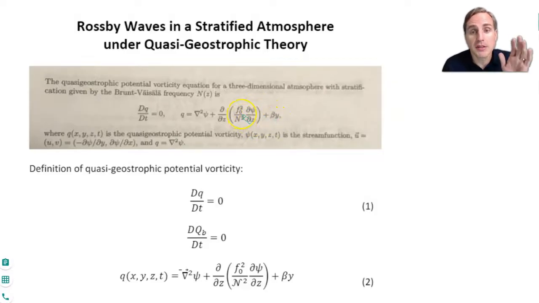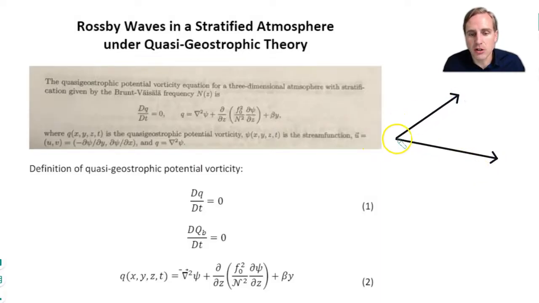Now a couple things as far as what some of these symbols mean here. Z is the vertical coordinate and x and y are horizontal coordinates. Typically the x coordinate is going to be east and west, and the y coordinate is going to be north and south. We're assuming here a beta plane. East is in this direction, north is in this direction, and vertically upward is in this direction.